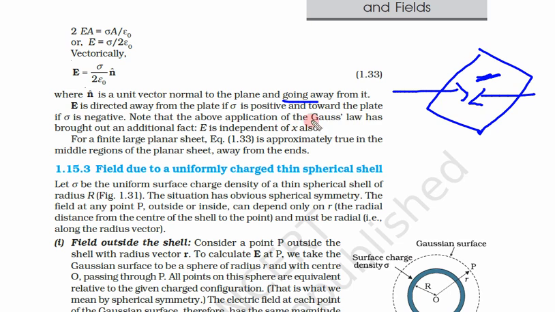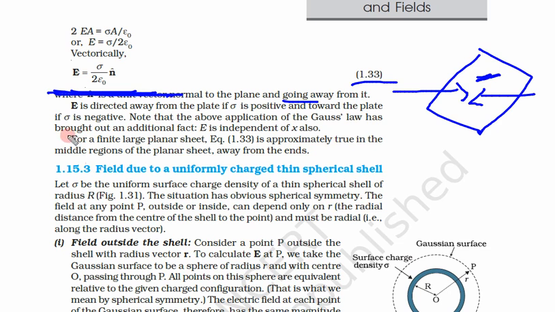Note that the above application of Gauss law brought out an additional fact: E is independent of X. There is no r or X dependence. For a finite large plane sheet, this equation is approximately true in the middle regions of the planar sheet.